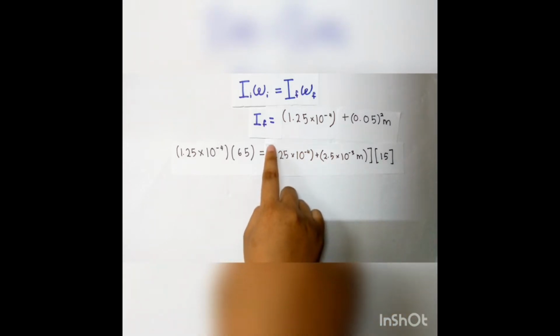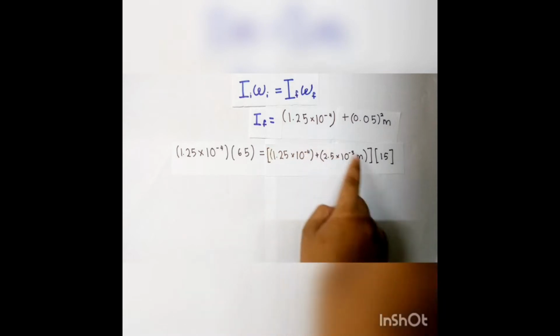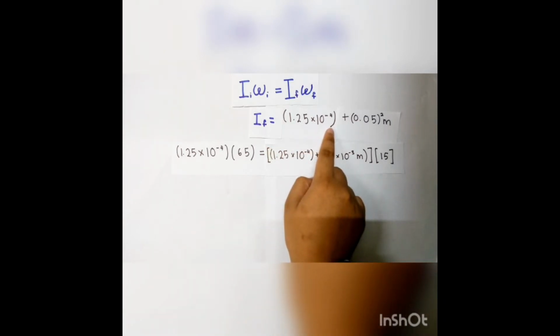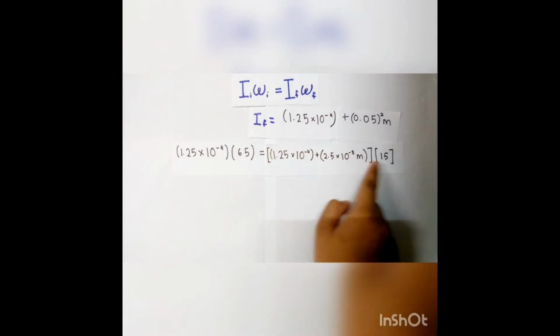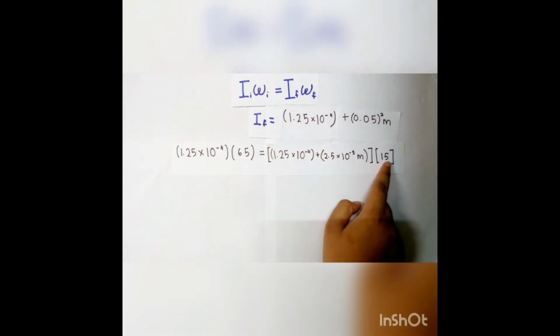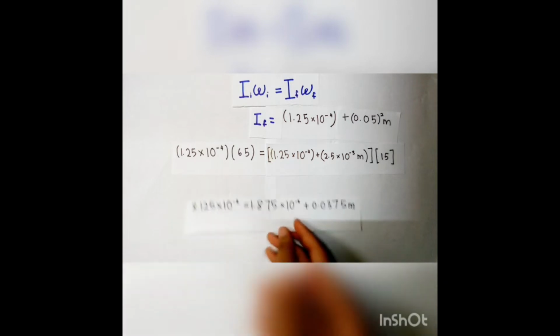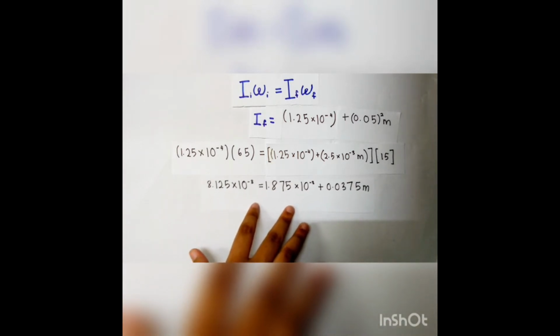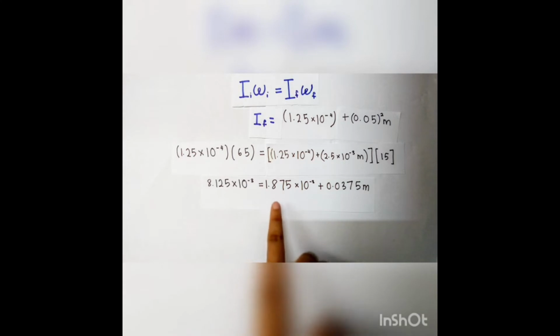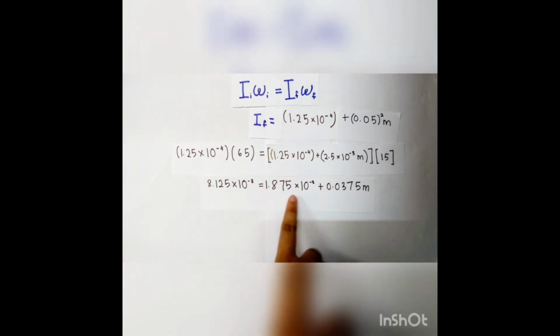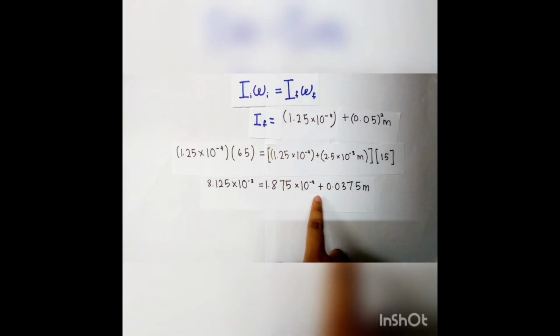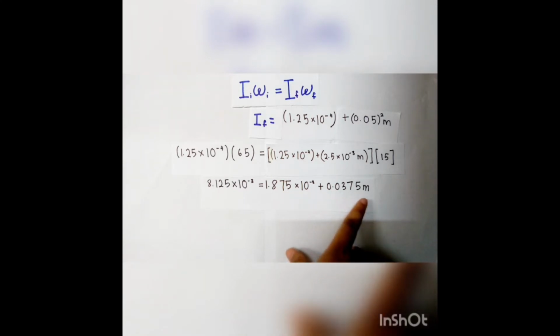This is the final moment of inertia that we find here. So we multiply it with 15 radian per second. After that, the answer would be 8.125 times 10 to the negative 3 is equal to 1.875 times 10 to the negative 3 plus 0.0375 m.